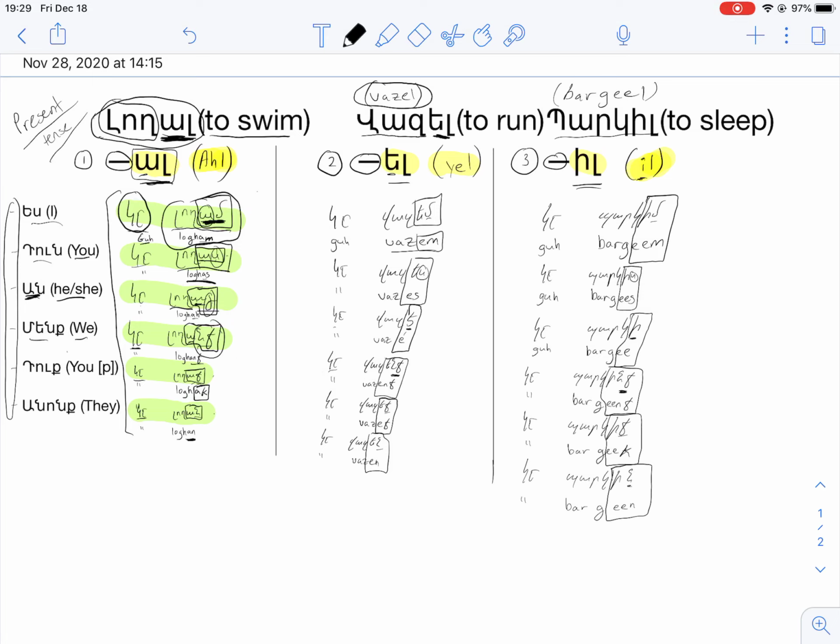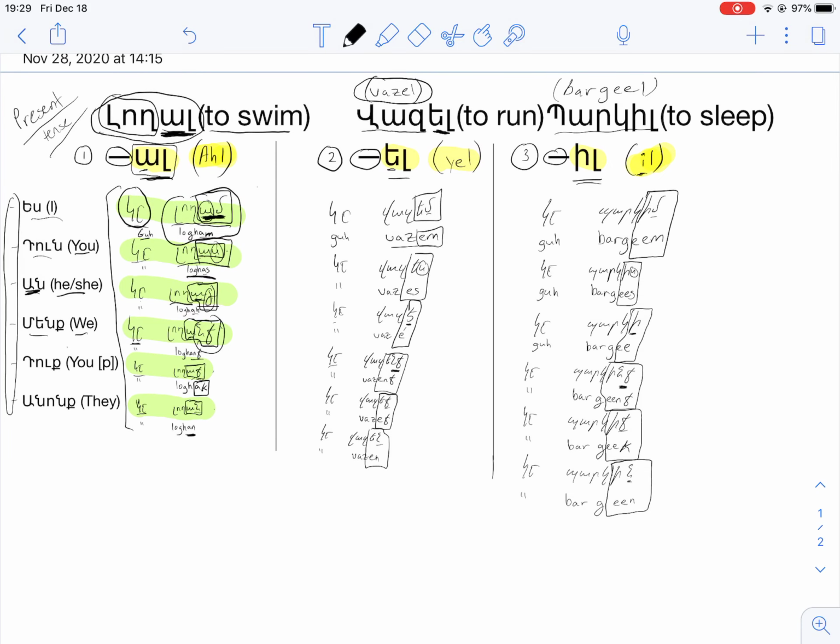All right, vazenk. Tuk, which is you plural, gevazek. Ek is the ending. Again, notice the similarity: ak versus yek. Anonk, gevazen. Again, phonetically, I have it down there.